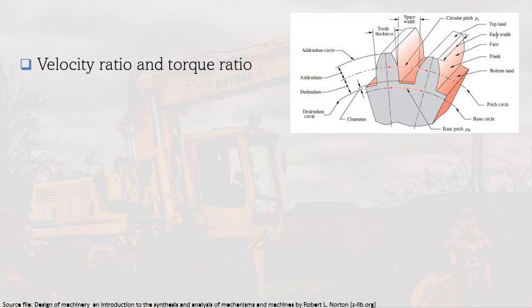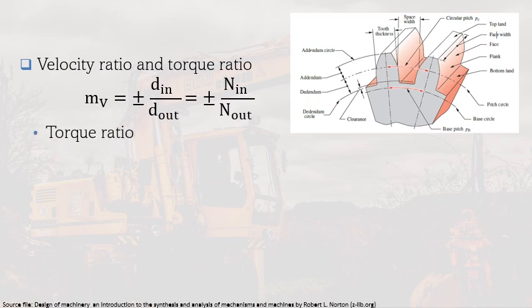The velocity and torque ratio can then also be defined in this formula in terms of diameter and also the number of teeth. So this N here is actually the number of teeth and D is the pitch diameter.